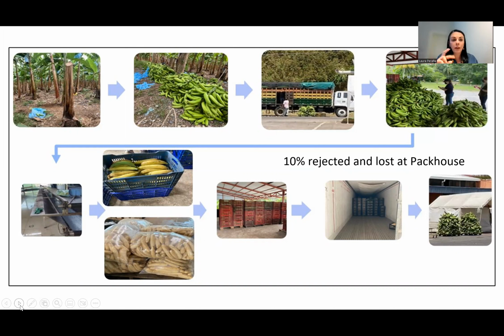And then depending on the market, sometimes the plantain would be fresh, either ripe or green, because it can be eaten in both ways, or it can also have some further value adding. So it would be peeled, for example, and sent to the international market for having some sort of chips made out of plantain. In these cases, sometimes also losses can occur here because of excessive trimming or excessive peeling.